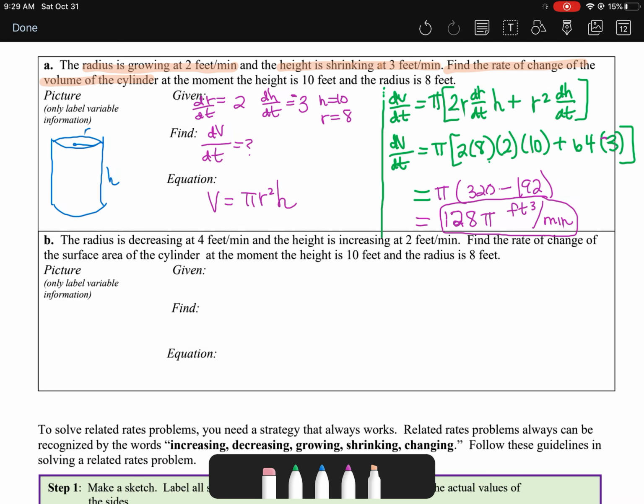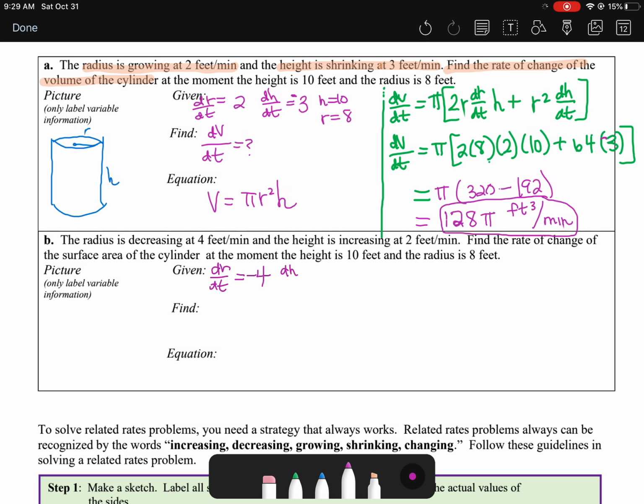Okay, so last one. The radius is decreasing at 4 feet per minute, and the height is increasing at 2 feet per minute. Find the rate of change of the surface area of the cylinder at the moment the height is 10 and the radius is 8. So again, let's look at what we know. dr/dt, the radius is decreasing at 4 feet, so -4.